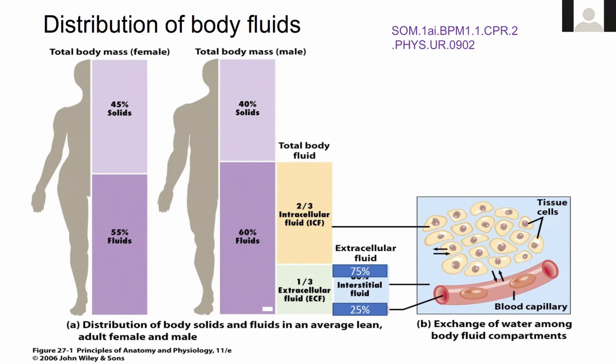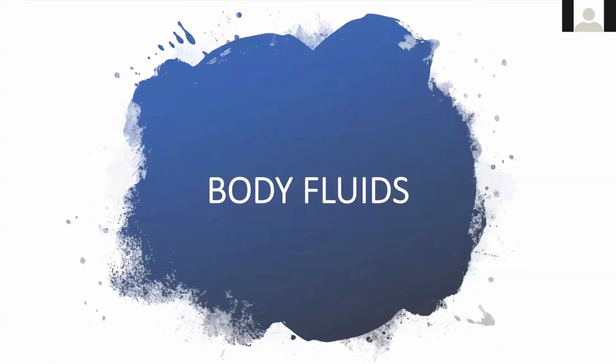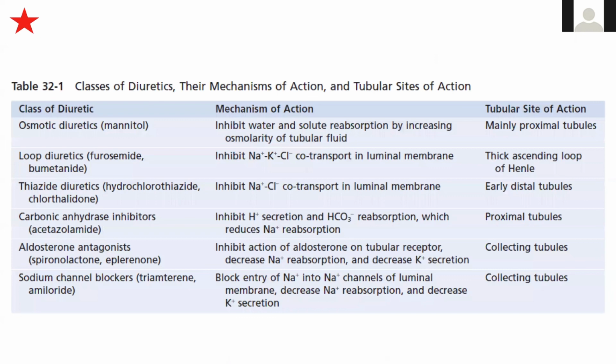Do you mind describing the difference between the two diuretics, like the loop versus the thiazide ones, and how they work? They're very similar. I don't think you really need to dive into the differences right now. Thiazides work more at the distal convoluted tubules. Loops work in the loop of Henle.